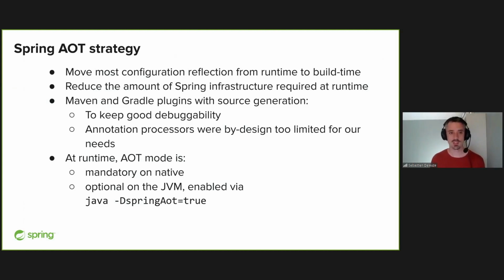We don't need to remove reflection totally because a lot of libraries are using reflection. And I think it's totally enough for Spring to, for itself, move all or most reflection to build time, and then just use what the JVM ecosystem is using, and not try to do that work instead of the ecosystem.